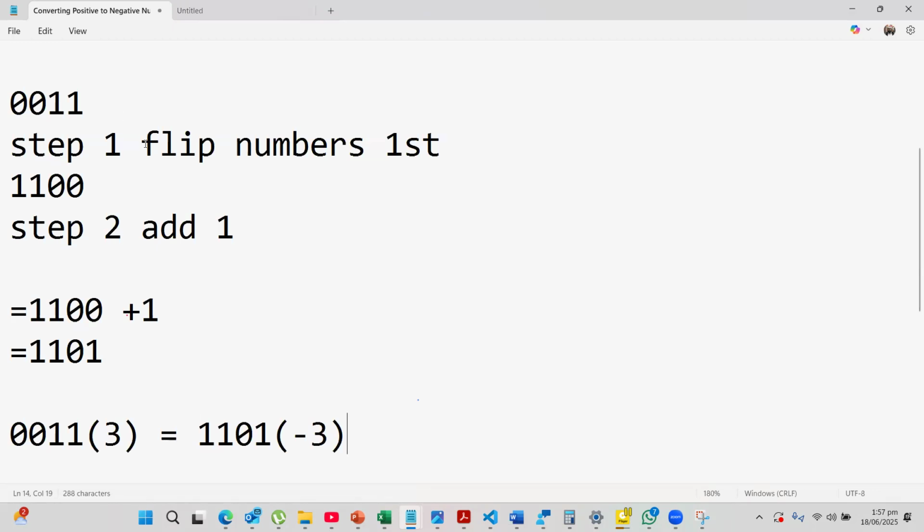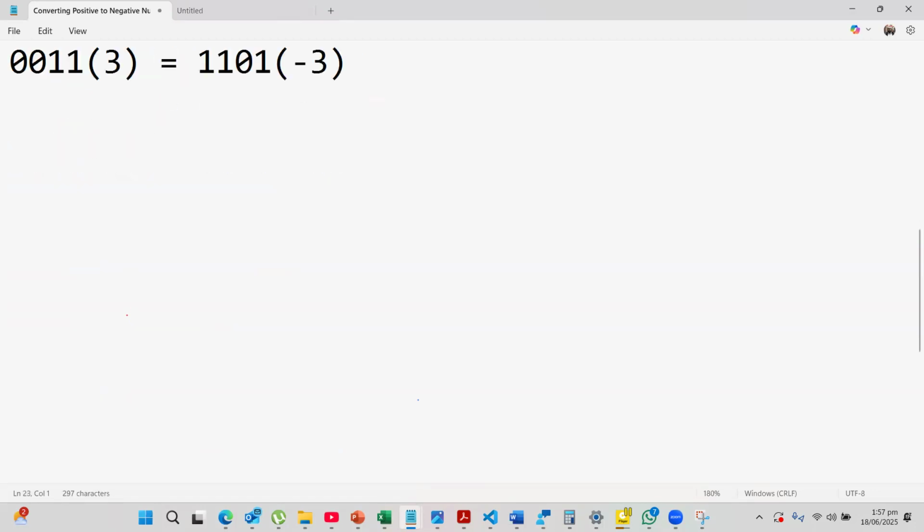How can I convert from a negative number to a positive number? I will take the number I want to convert. I will flip it. So here, when I flip it, I will have 0, 0, 1, 0. And then when I'm done flipping it, I will add what? 1.